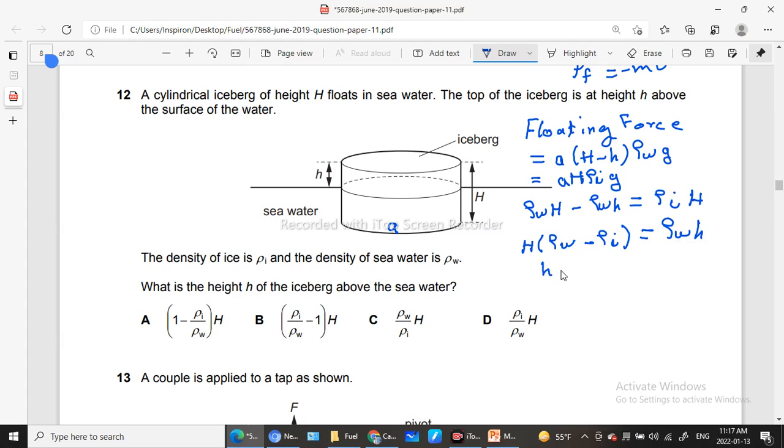Now h equals, dividing up and down by rho W, so we get this answer.